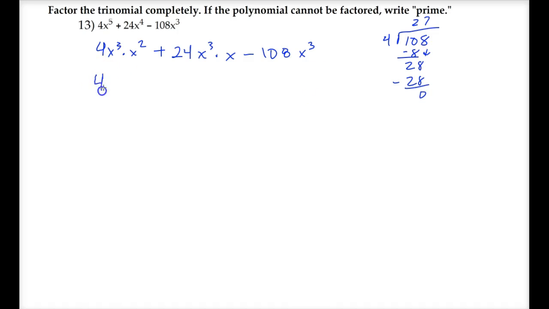So here we know that this will be 4 times x cubed times x squared plus 4 times 6 times x cubed times x. Minus, and now we know that 4 times 27 is 108 times x cubed.